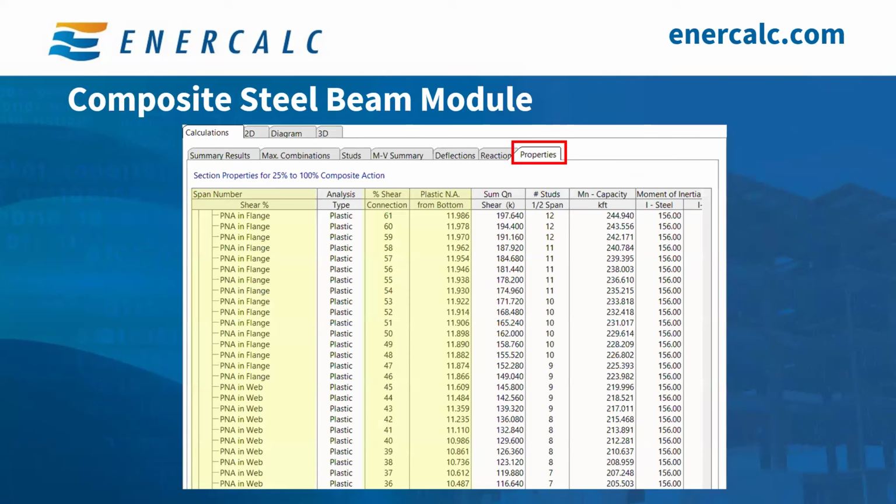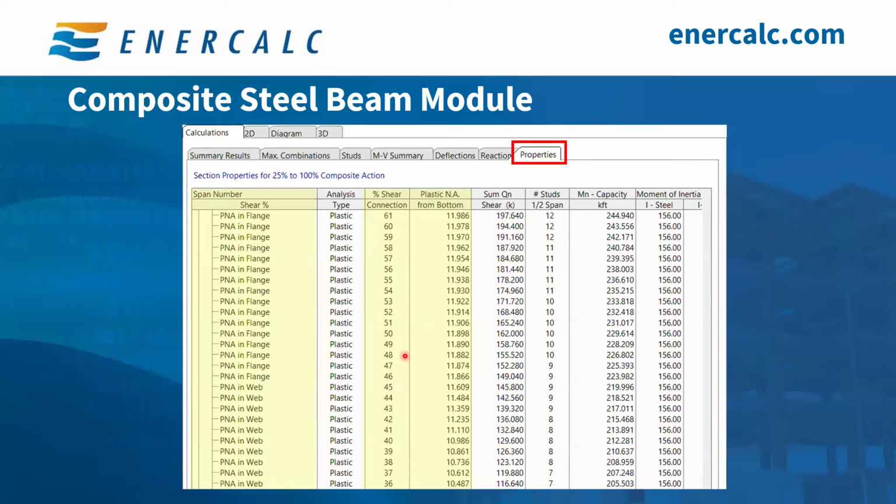Another useful tab is the properties tab, this one right here. You can find more intermediate values there, but one of the values that's really useful is the location of the plastic neutral axis, based on the composite section percentage. So if you're achieving 50% composite, then the plastic neutral axis is going to be at 11.8 from the bottom.